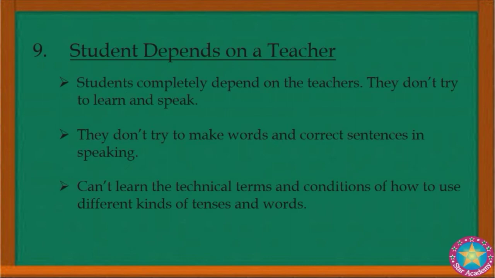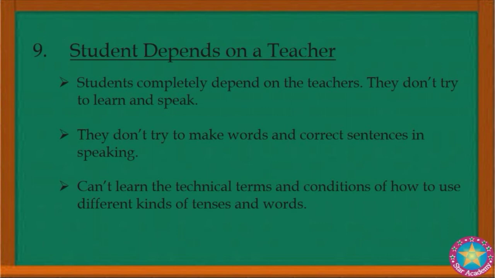Number nine, students depend on the teacher. Another noticeable problem faced by the teacher is that the students completely depend on the teachers. They do not try to learn and speak by themselves. Those students every time look to the teachers for help in learning and for the correct answers.